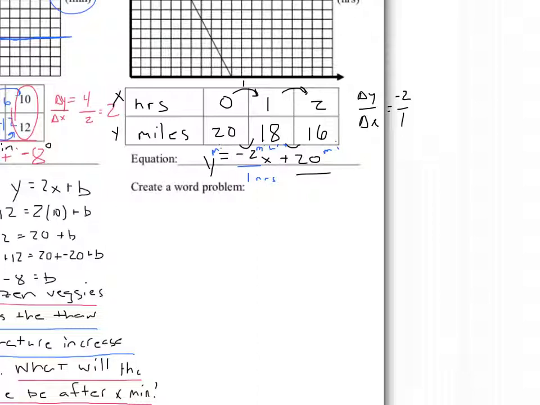So, I'm going to start with my starting point. I am 20 miles from home. That's that nice, easy statement. I am 20 miles from home.